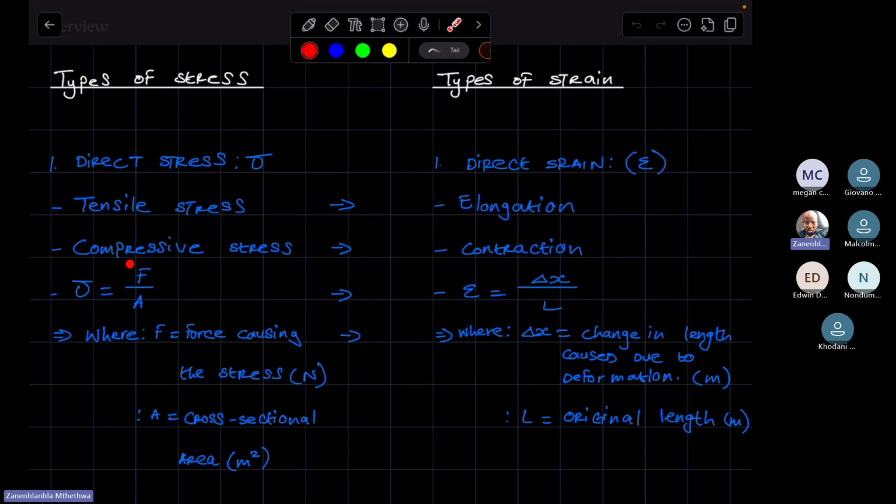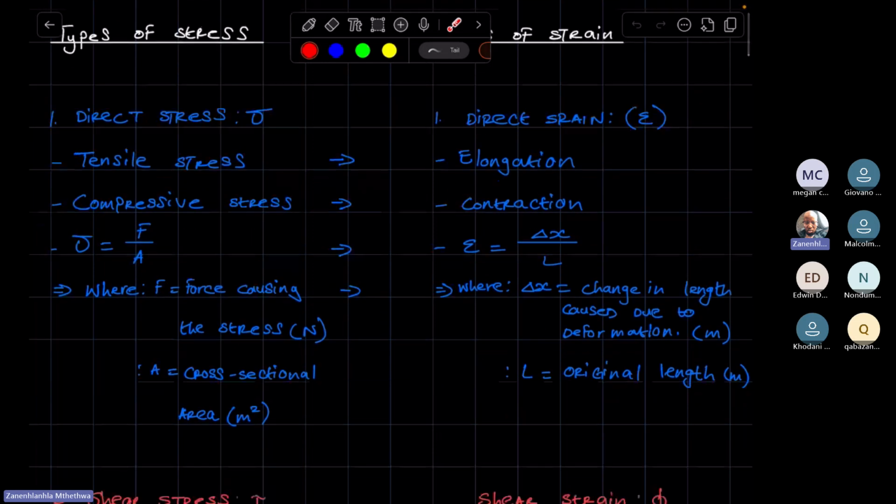And then, of course, it depends if the force is a tensile force or a compressive force. Are we still together here? Right. So this is the general formula for stress. It is synonymous with the formula we use for pressure. Remember, pressure is also equal to force over area.